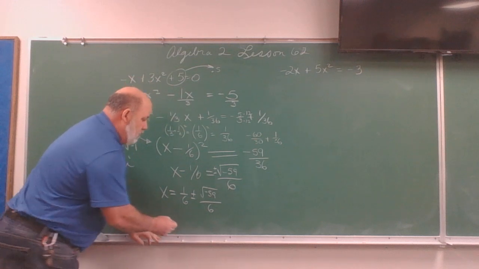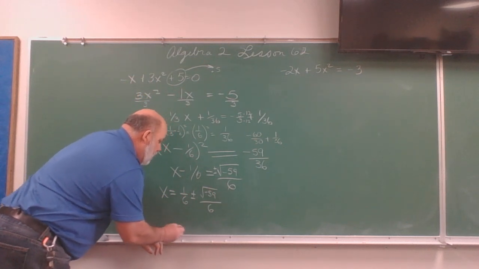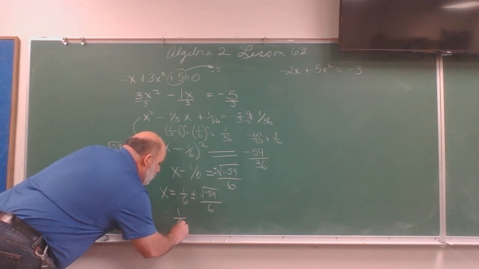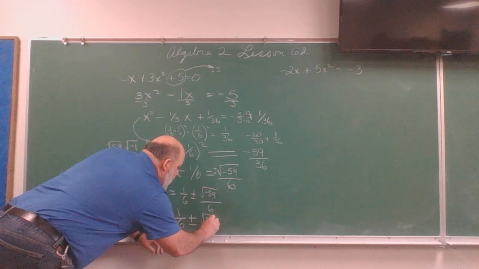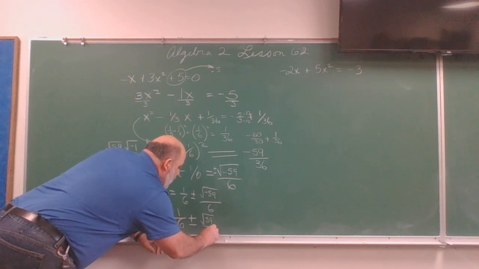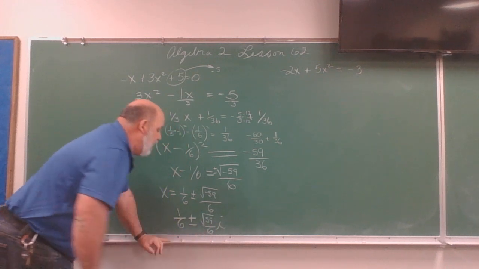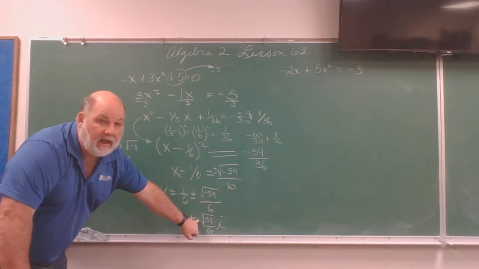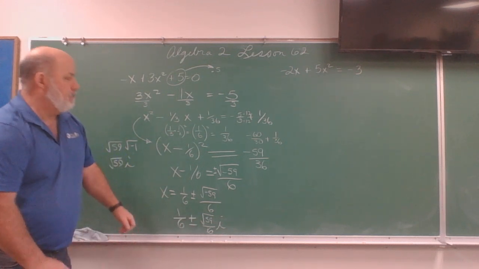That happens right here also. Instead of this being negative 59, I'm going to make it 1/6 plus or minus the square root of 59 over 6, and then I put an i out there beside it. Or as I like to do, I will often put the i right here next to the radical. Okay?